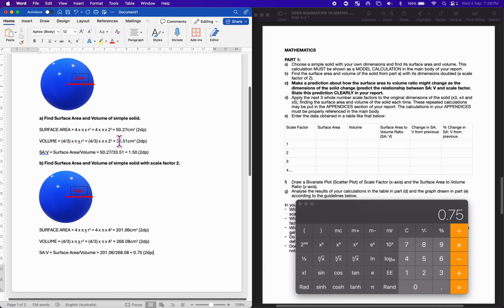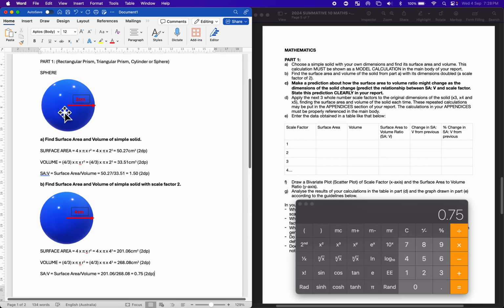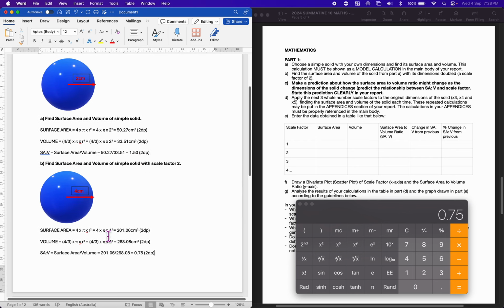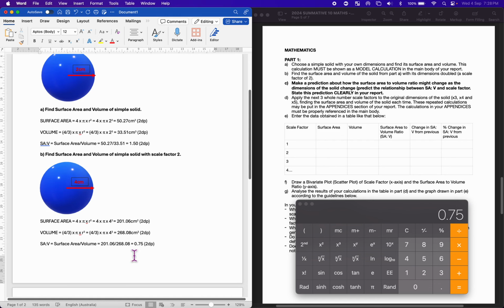So what we notice is when it's the original, the OG one, the surface area divided by the volume is 1.5. But when we double the size of everything, at scale factor 2, it's 0.75, which is half of the original one.